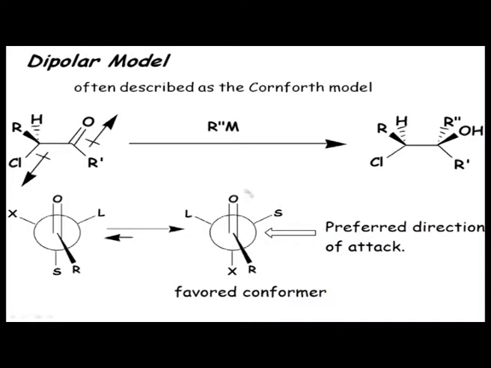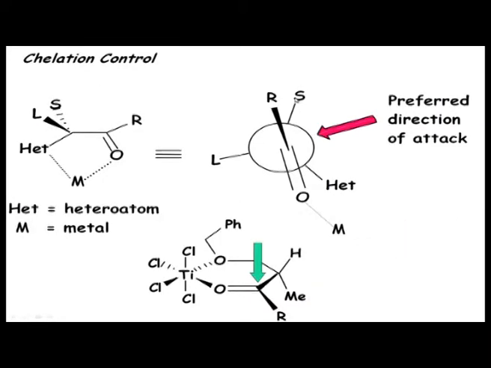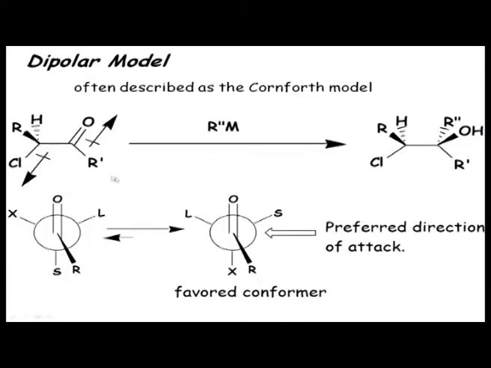So, this is also called Cornforth. I think Cornforth improved Cram's model in this dipolar system. In case of Felkin, the same thing is there. If you try to apply Felkin's model on this, in the earlier Felkin model, we have seen that the large group has to be placed orthogonal to the carbonyl.